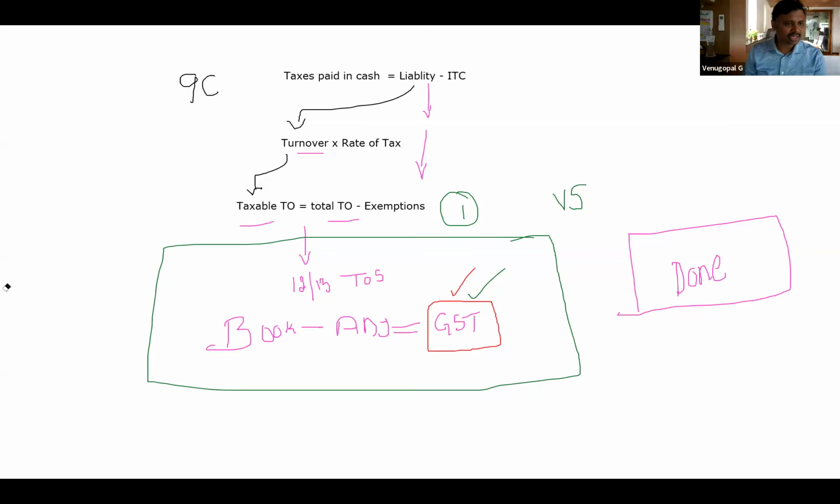One was your derivative number, and two, I am saying what is done. And when we say what is done, we are saying GSTR 9. So GSTR 9C is what you should be doing versus what you have done.